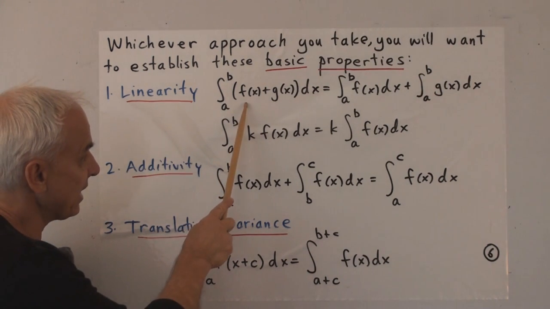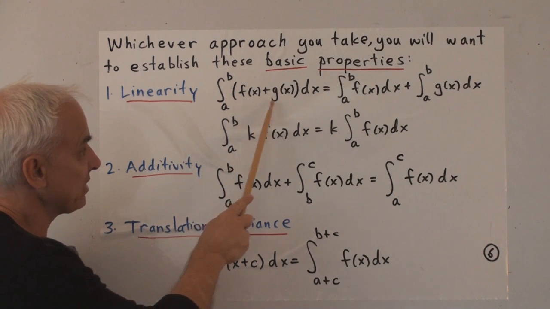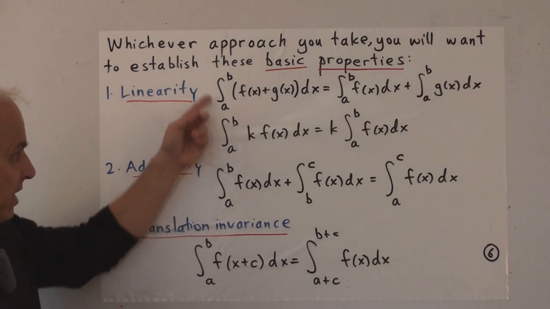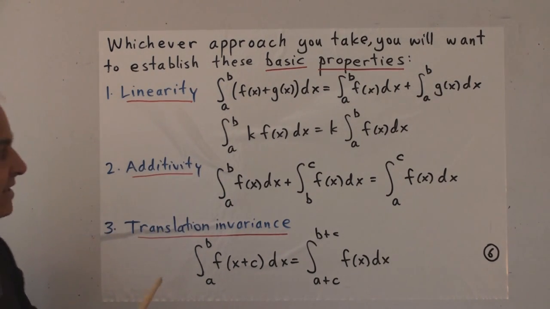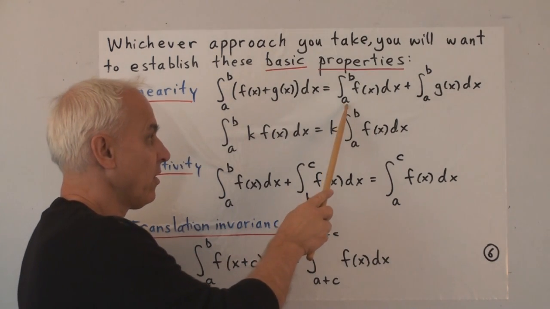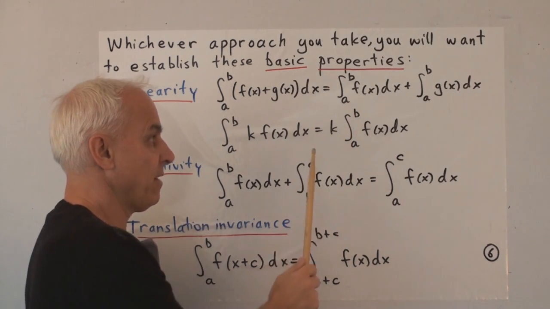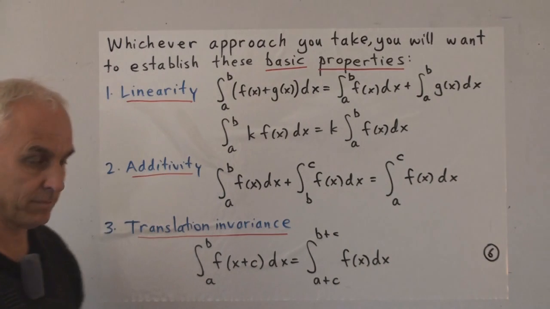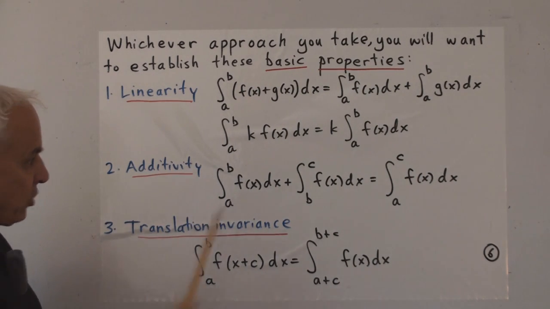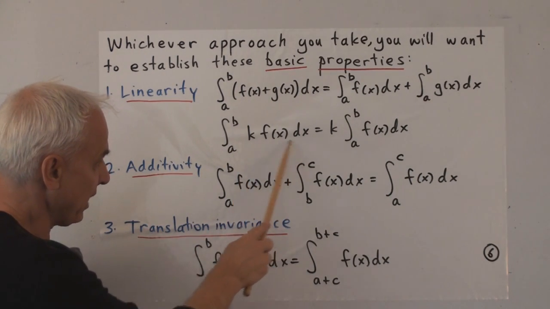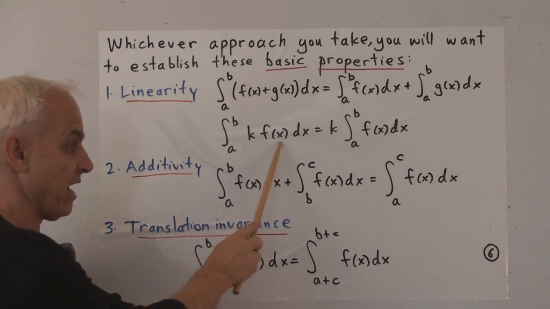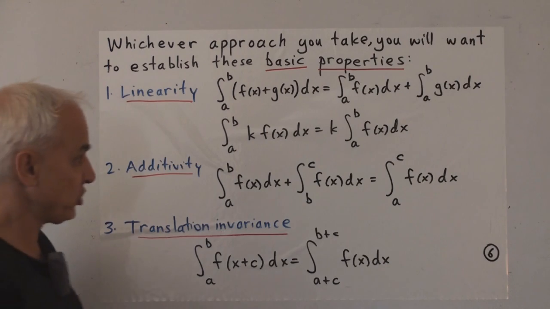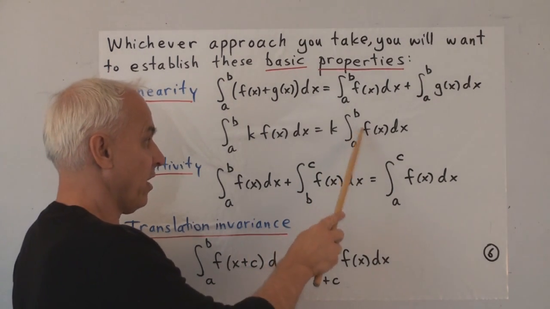The first one says that if you integrate f of x plus g of x, the sum of two functions, from a to b, that should be the same as the integral of f of x from a to b plus the integral of g of x from a to b. And going along with that, this one here says that if you integrate k times f of x, where k is some number, then that should be k times the integral of f of x.